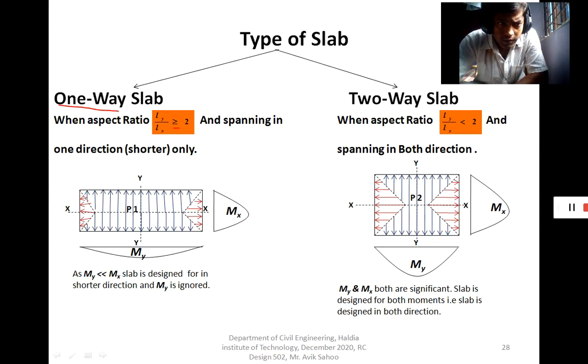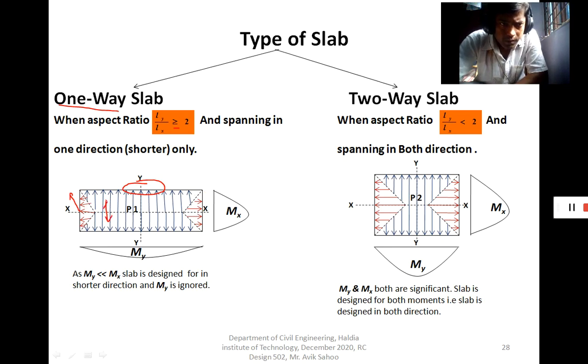You see that the shorter beam carries only this much of load, meaning a very small load is taken by this beam, and the maximum load is taken up by the longer beam. This beam is carrying the maximum load, and you see how the load is transferred. The maximum load is transferred in this direction.